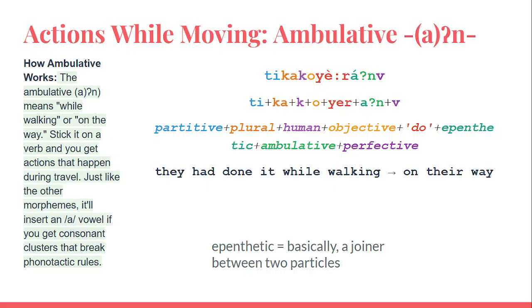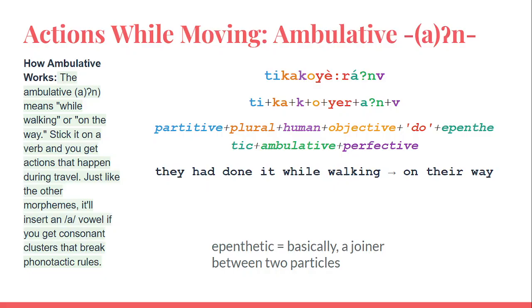So if you were to take out the ambulative from this sentence, it would only mean something like they had done it on their way. So you would know that they did something while they were on the way to where you're at, or whatever their final destination was, but you would have no idea that they did it while they were walking on their way.